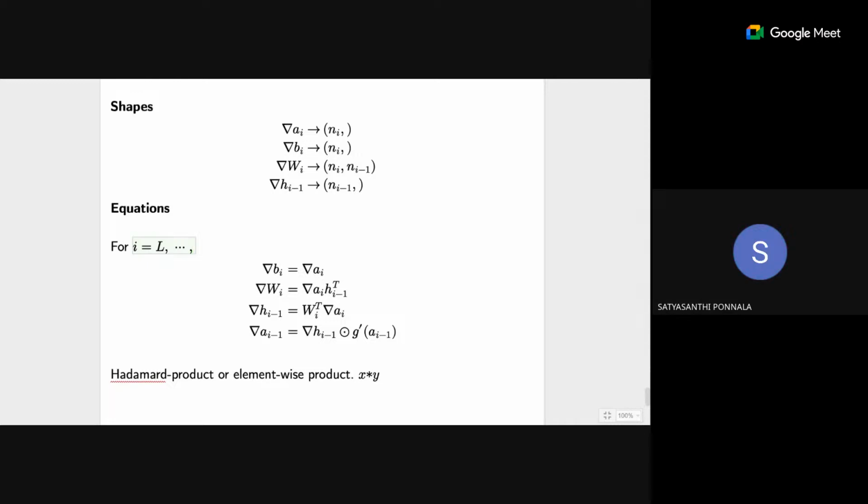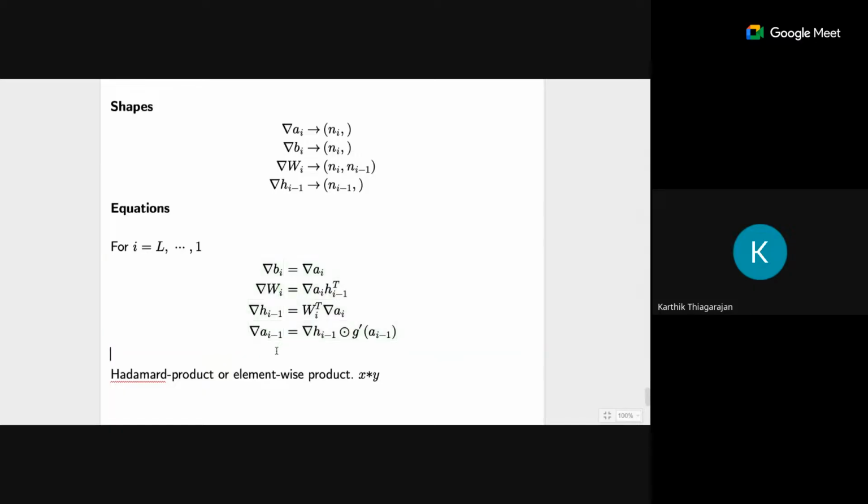Before the input layer. Correct. Should it be 1 or 2? 1, I think. A1, isn't it? It won't be 0 because there is no h_0 minus 1, right? So you want till W1, right?